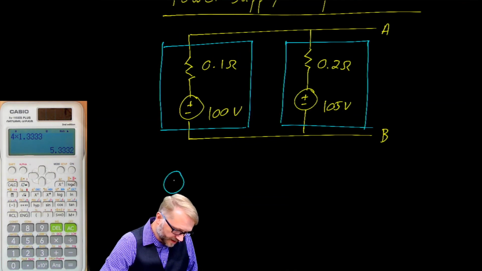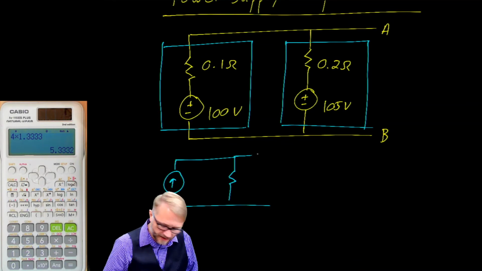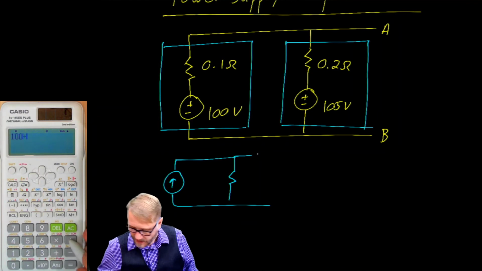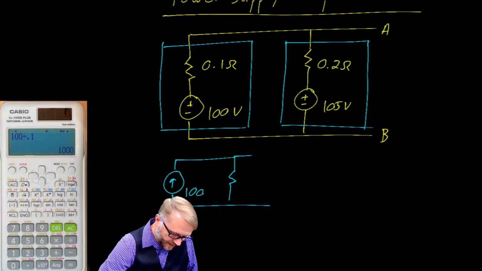The circuit on the left becomes this. So our Norton current is 100 divided by 0.1. So that's a 1,000 amp source in parallel with a 0.1 ohm resistor.